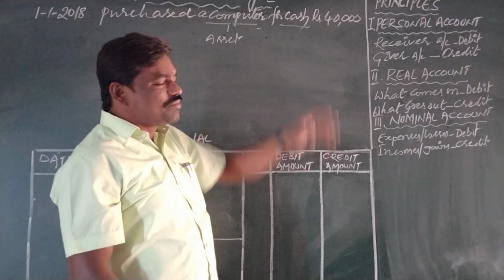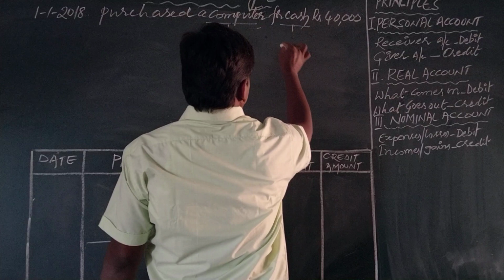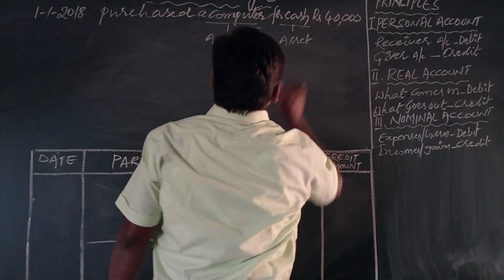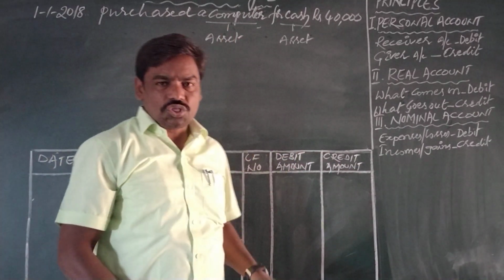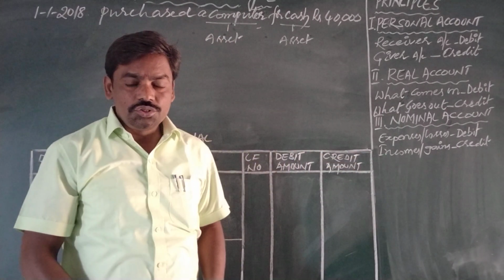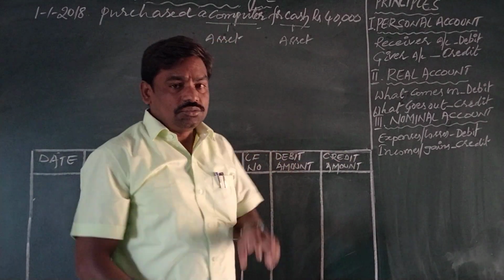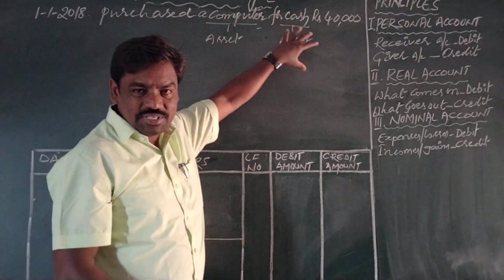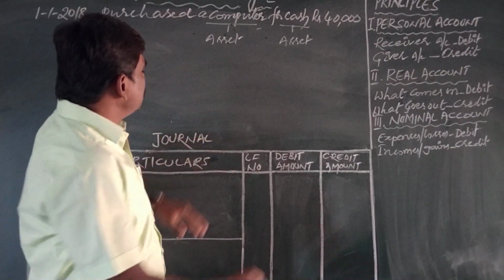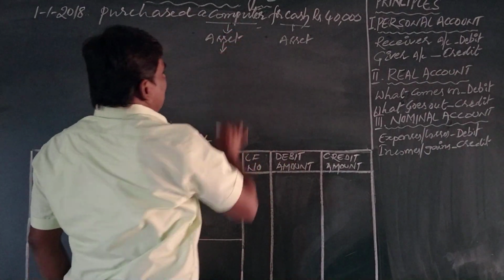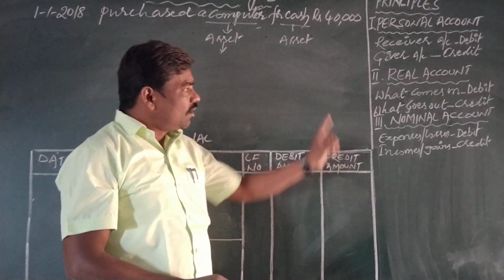And come to the second one. If you observe, there is one more item, that is cash. It is also an asset. Students, here you identified two aspects in this business transaction as per the dual aspect concept. After identifying the two aspects, you decide which type of account these assets come under.